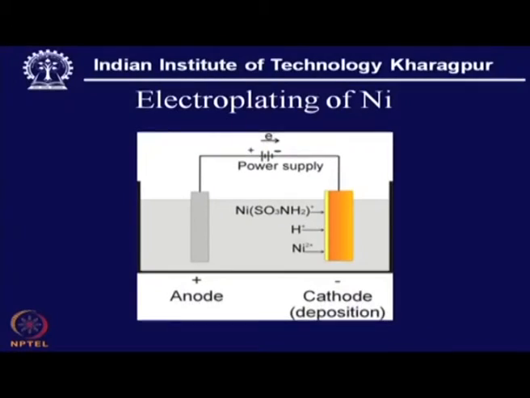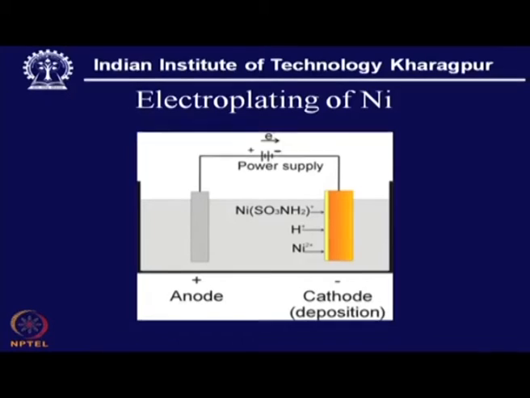Now, here what we see is actually the nickel sulfamate solution. In general, just like any coating process, we like to have the source material. That means, in this case we have nickel sulphate, nickel chloride, and also we can have ammonia, and with that we have nickel sulfamate solution.